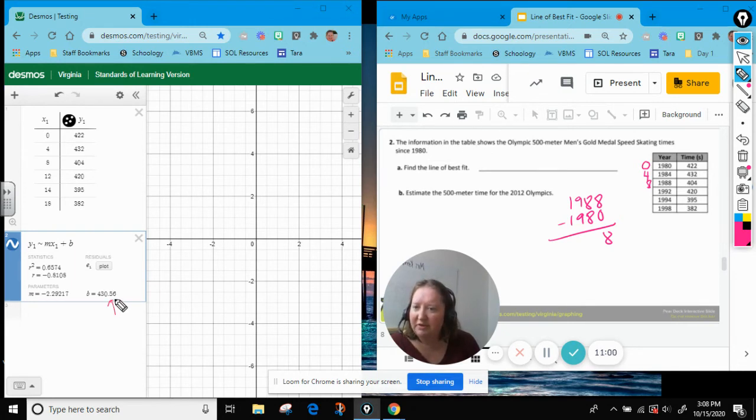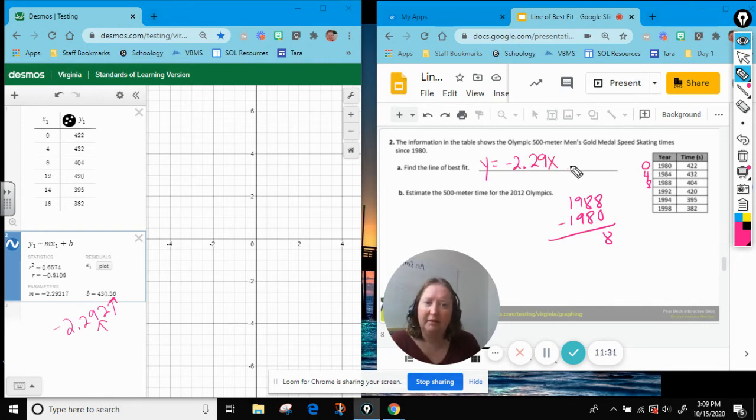Okay, so the hundredths place is that second one, 2 places after the decimal. Y is equal to negative 2.292. If I'm rounding to this place, I'm going to just leave that as a 9.